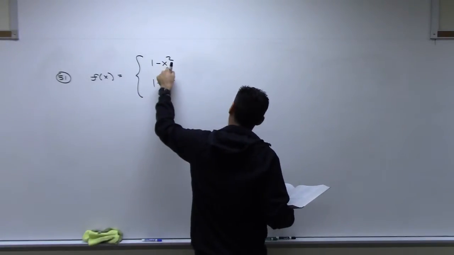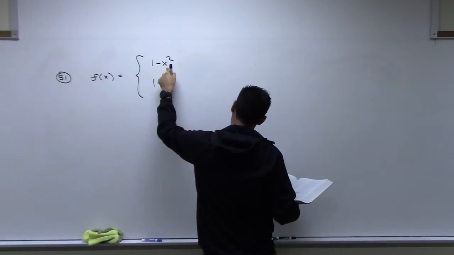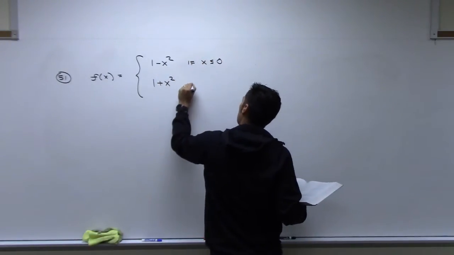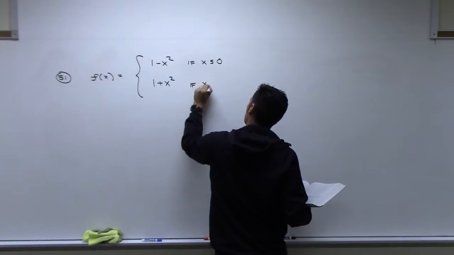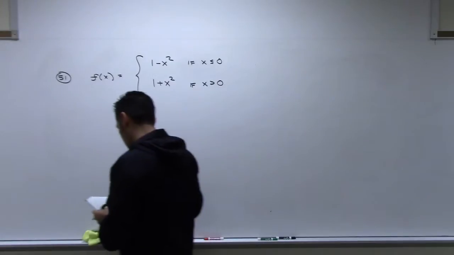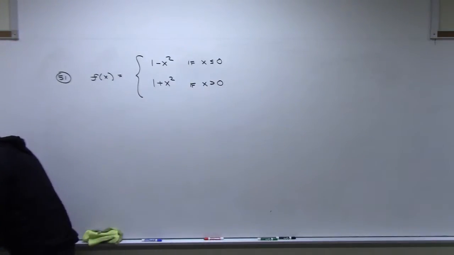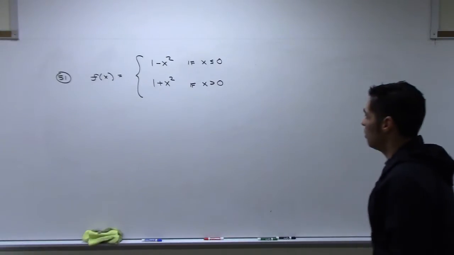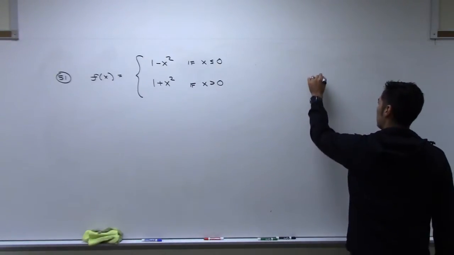But it's only 1 minus x squared if x is less than or equal to 0, and 1 plus x squared if x is greater than 0. And they ask us for some limits. Well, I think we need to get some idea of what this thing looks like graphically. Let's go for it.